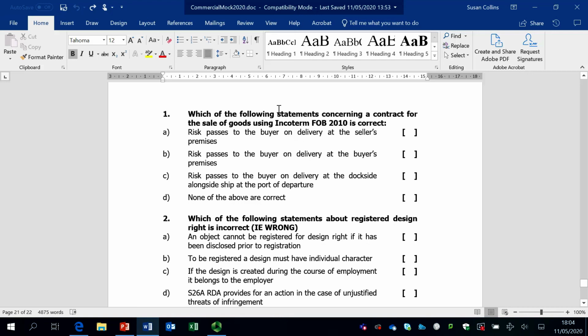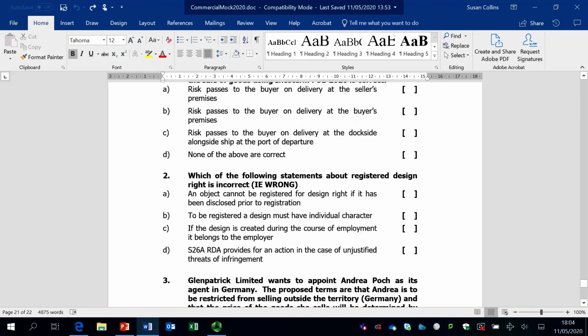If you want to remind yourself what Incoterm FOB is about, page 185 deals with that. But D is what you'd need to tick here, because none of these are right. It doesn't pass at the seller's premises. It doesn't pass at the buyer's premises. That's not where delivery takes place. It's not at the dockside. It's when the goods are loaded on the ship.